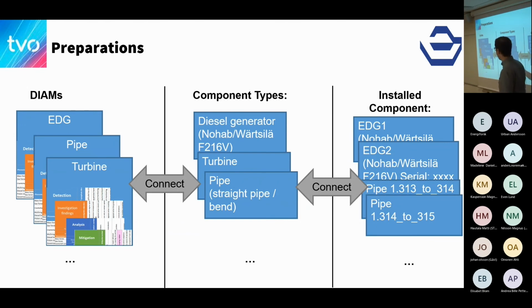The turbine DIAM consists of anomalies that are found in the turbine and related components, and there are specific investigation methods that are used for this. So these are collections or configurations of different anomalies, phenomena, investigation methods, investigation objectives, analysis methods and mitigation methods, and of course all the weights between them.